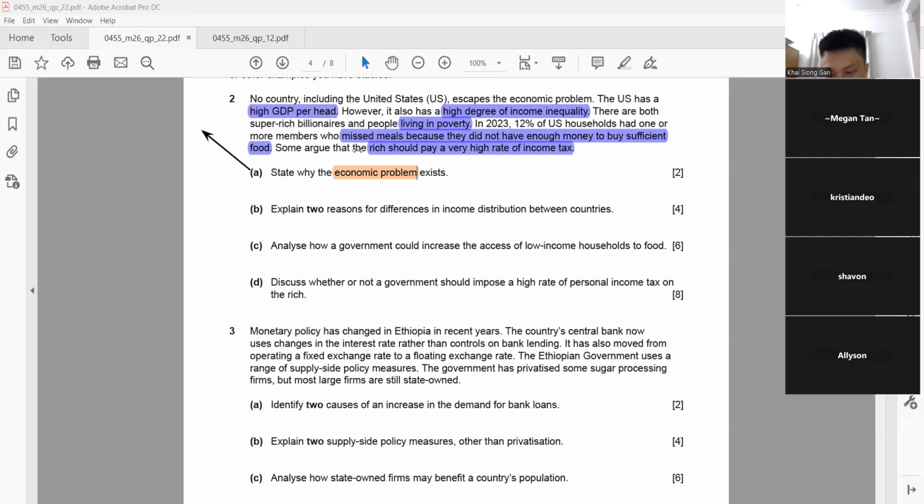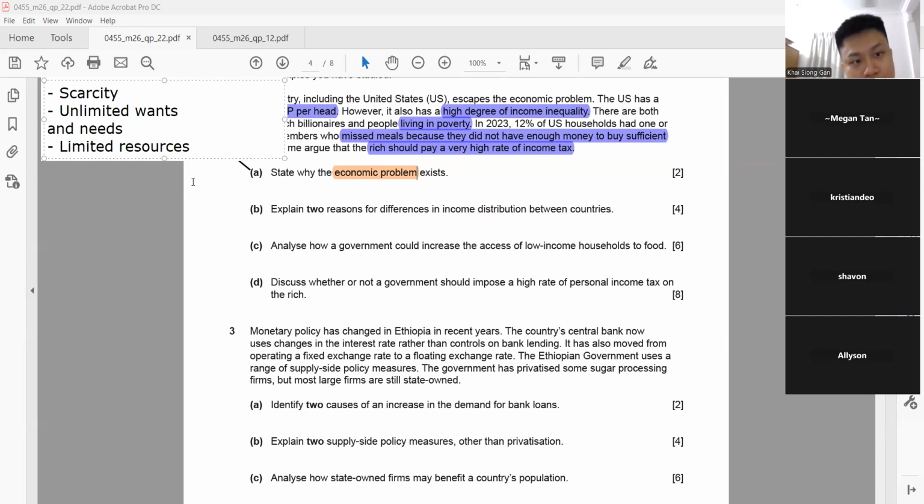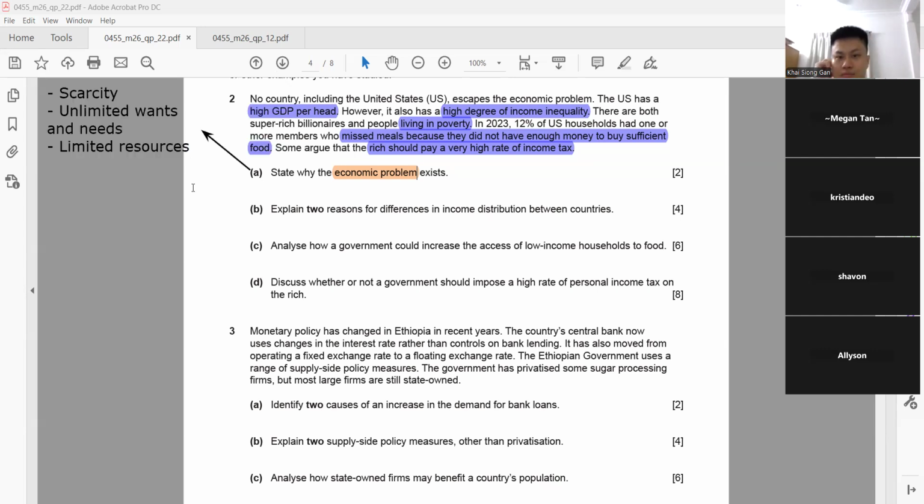So let me write down, point form: scarcity, unlimited wants and needs, but limited resources. Okay, done. All right, very simple.